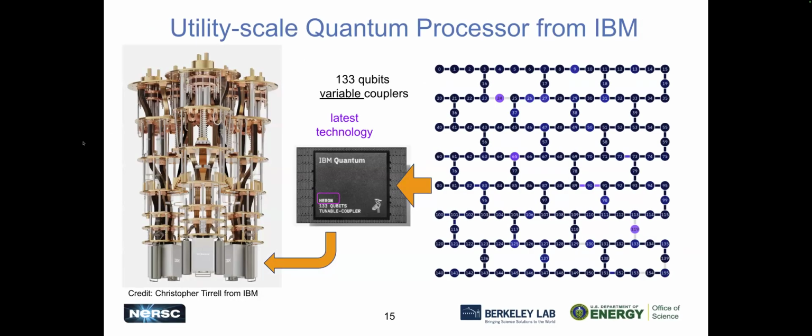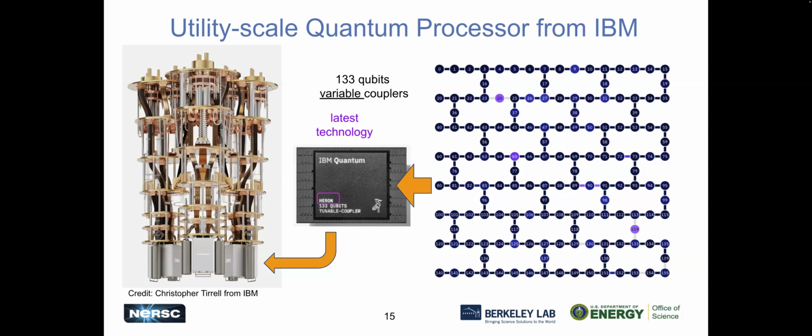Here it shows a bit more in detail how the technology that IBM has available actually works, and it's somewhat different from the neutral atom quantum computer technology from QuEra. Here the topology is fixed, so you can't move the qubits around. The topology is shown on the grid on the right hand side of the slides, where we have this heavy hex lattice with nearest neighbor couplings across 133 qubits.